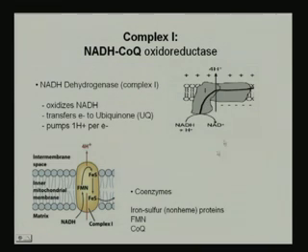How does it function? There are different helping hands, that is the coenzymes, present inside complex 1, and these coenzymes are the iron sulfur non-heme protein, FMN and coenzyme Q. The iron sulfur non-heme protein is one of the cofactors, otherwise known as the FeS complex. Flavin mononucleotide is another cofactor, and coenzyme Q is another cofactor.